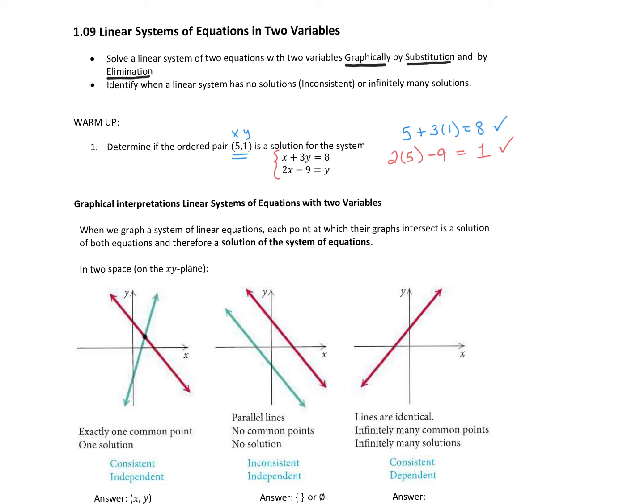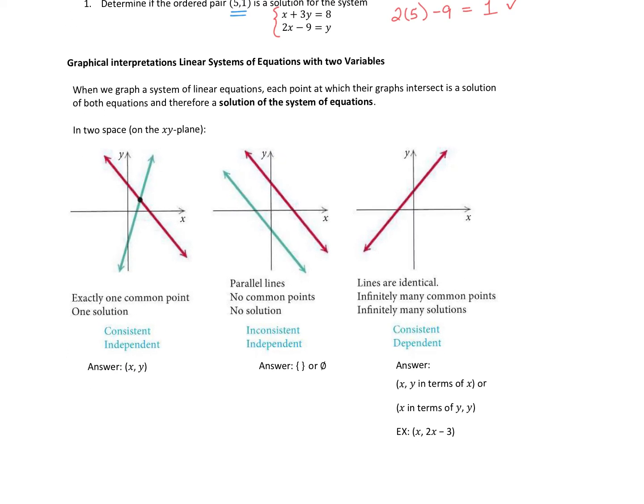Now, we started with a solution and made sure that it worked, but we're going to want to go the other way. So it's good to know what this looks like geometrically or graphically. When we look at a system of equations, what we're talking about is two linear equations and where they intersect. Where they intersect is a solution to the system.